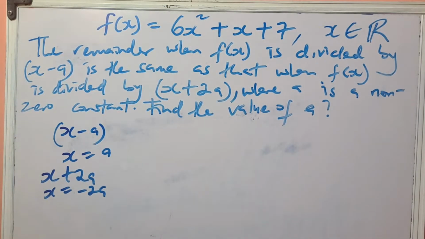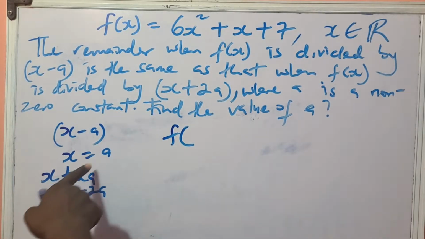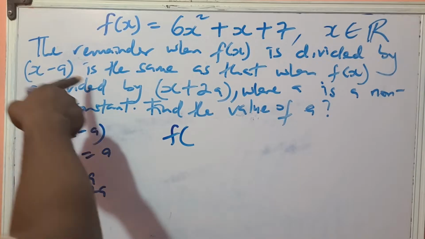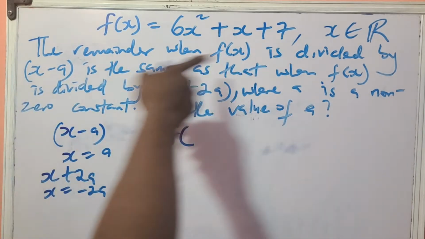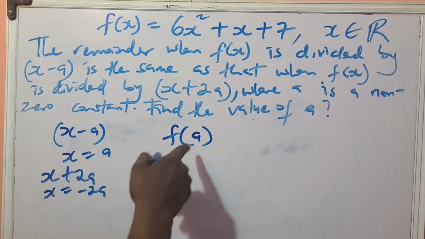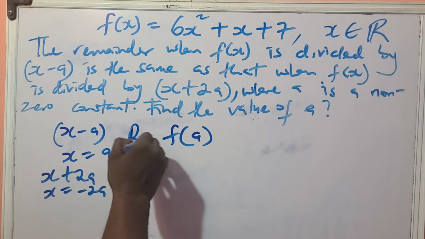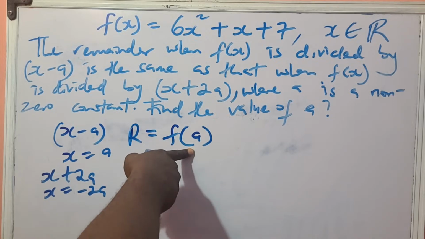So we can actually now say, fixing in the first one, when we're dealing with division by x minus a, fixing x equals a. That means wherever you see x, put in a. All right. This is what you're going to get as the remainder. The remainder will be equal to f of a.